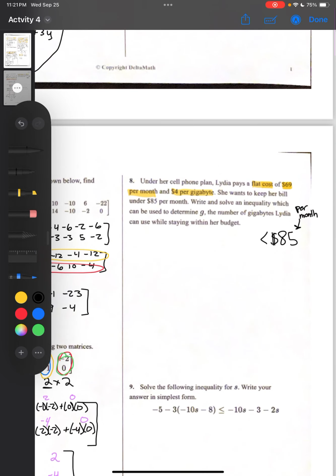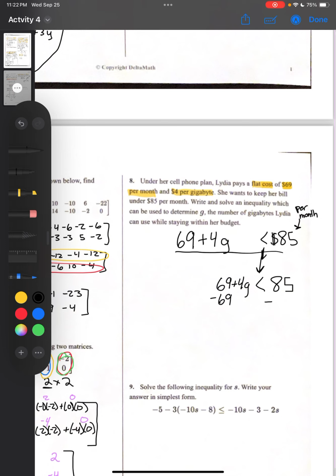So our flat price of $69 per month plus the $4 she's paying per gigabyte. So right here is the inequality that we have. You pretty much solve every inequality the same as you do if there was an equal sign. However, you're not writing an equal sign. So I'm going to bring this down so we don't forget that it's a less than, and 85 stays the same for right now, and 69 plus 4G.